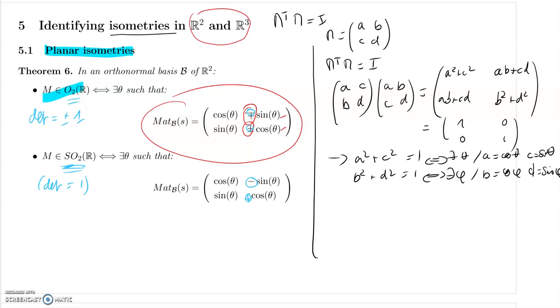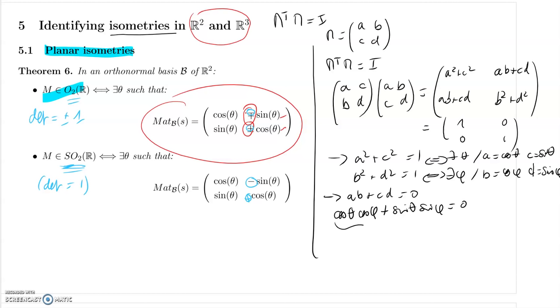Let's see what we have furthermore. We also have that AB plus CD is equal to 0. Using the above notations with the cosine of theta and the same for phi, we get cosine of theta, cosine of phi, plus sine of theta, sine of phi is equal to 0.